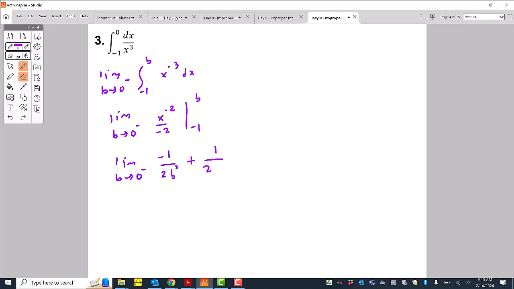But this time, if we try to plug in 0, we end up getting 0 in the denominator. And so we use our old limit techniques to figure out what this goes to. We have a negative 1 on top, and we're approaching 0 from the left, so it's negative really small numbers being squared, which becomes a positive really small number, which means we have negative over a positive really small number.